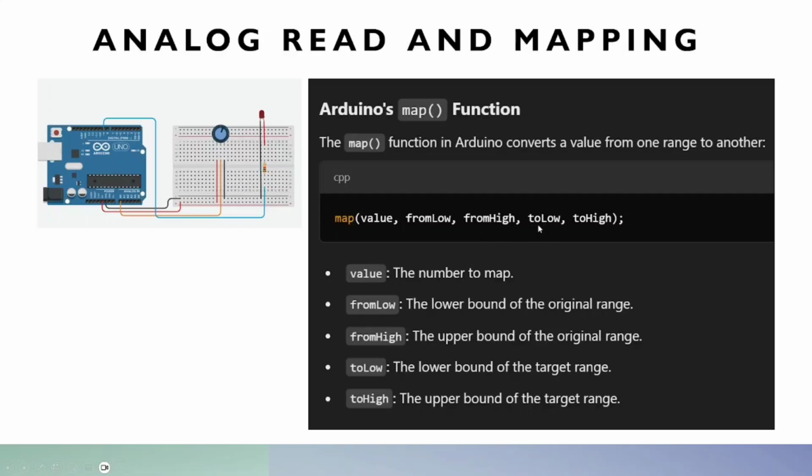Then the lower value of the target range, which is 0 for our LED, and the highest value, which is 255 for our LED. So these two are the target low and target high, these are the original low and original high coming from the potentiometer, and this is the actual value from the potentiometer that we have to map. That's how the map function looks.